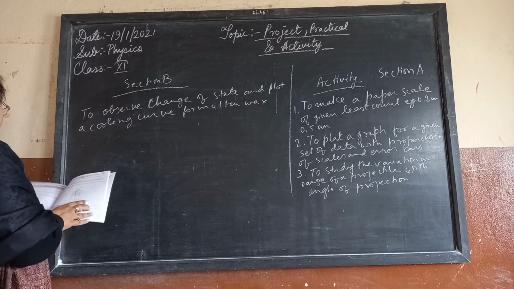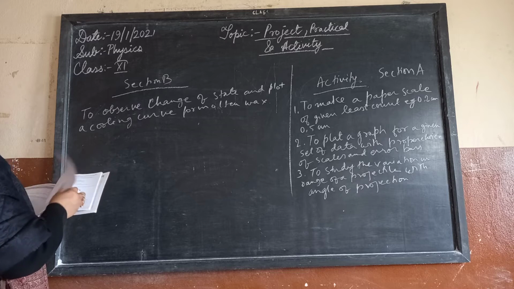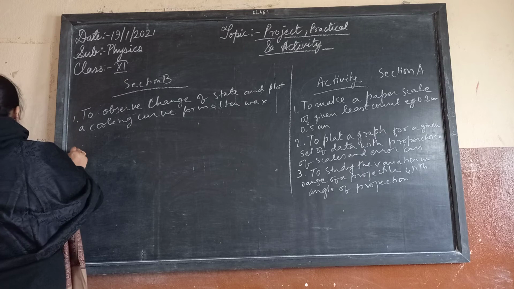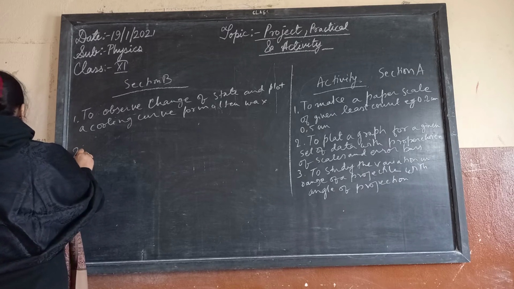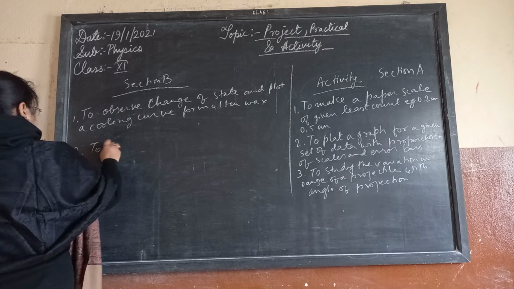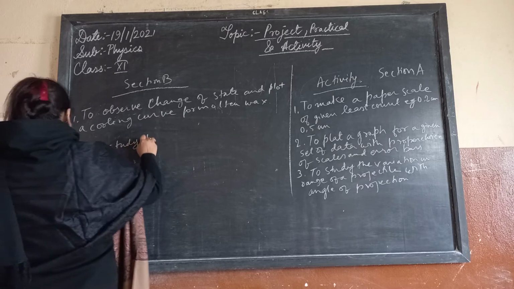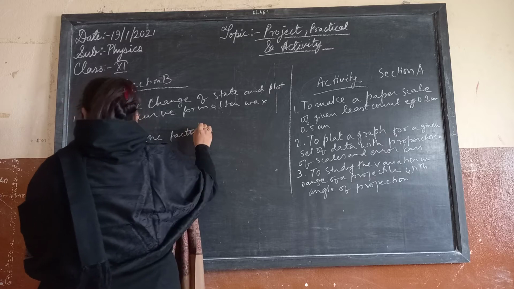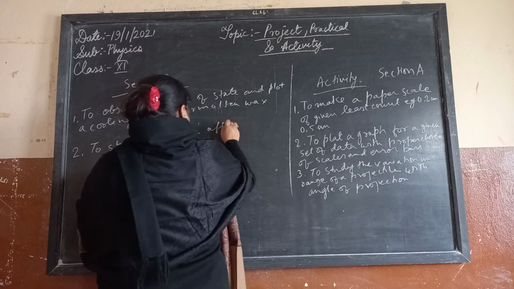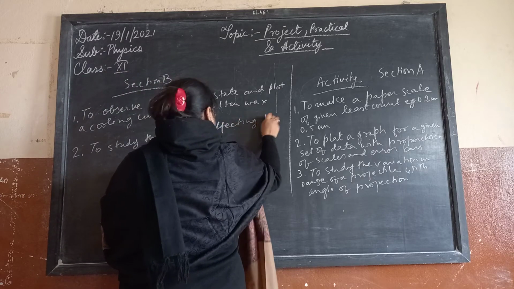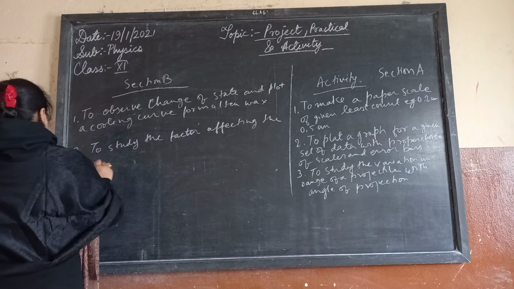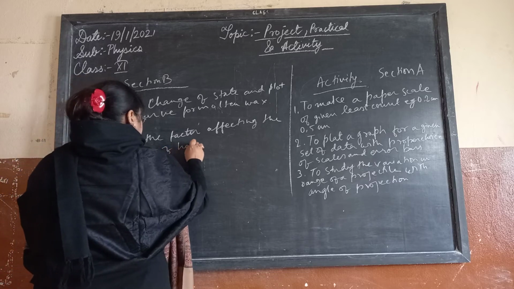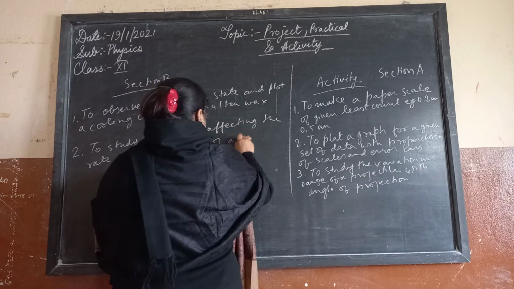Then activity number 5, which is activity number 2 itself for section B, is to study the factors affecting the rate of loss of heat of a liquid.